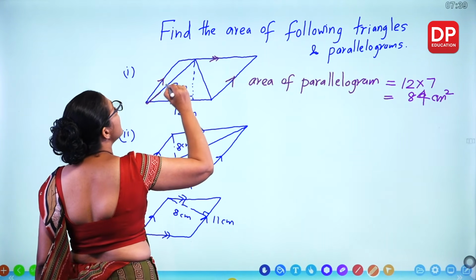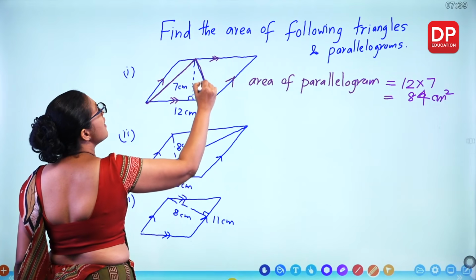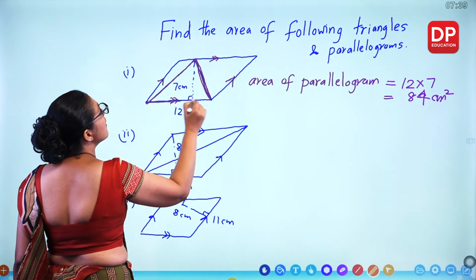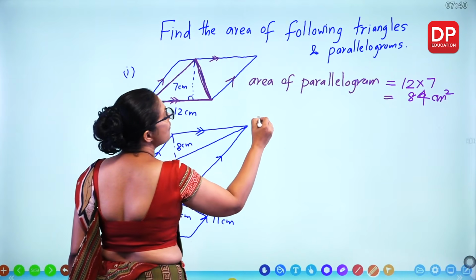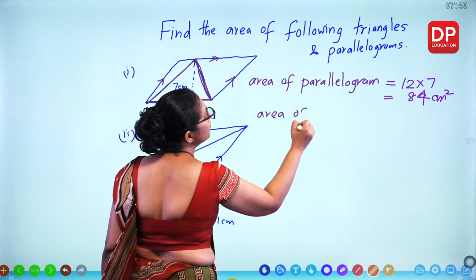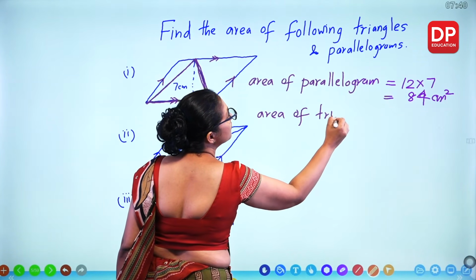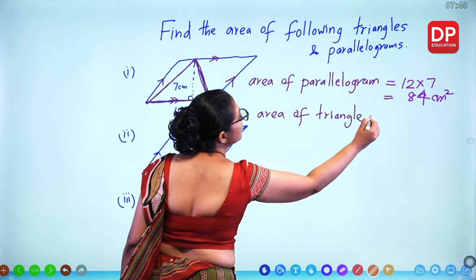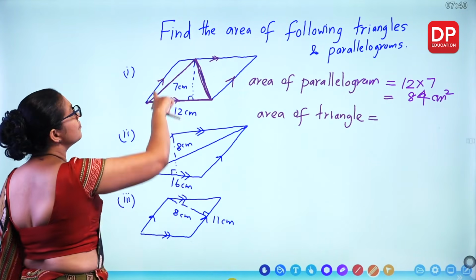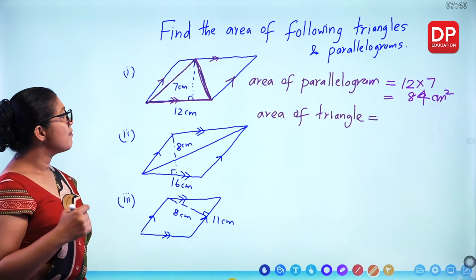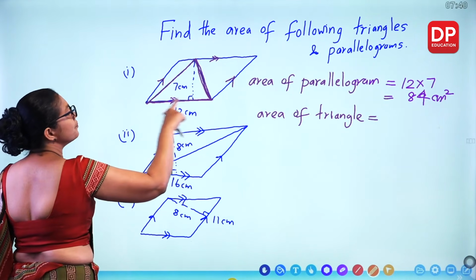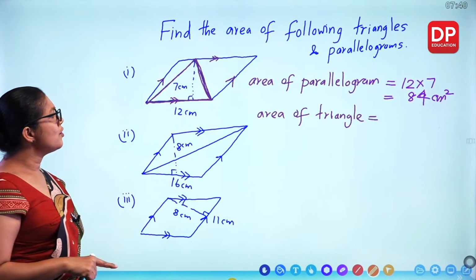Now, what's the triangle there? I want to find the area of this triangle. When you take the area of the triangle, you can use the same formula. Here, what's the formula we can use?